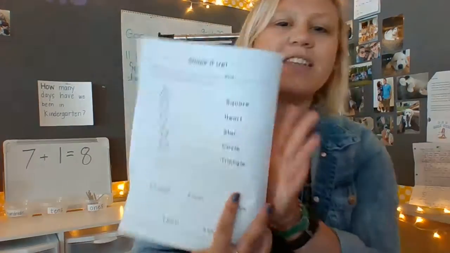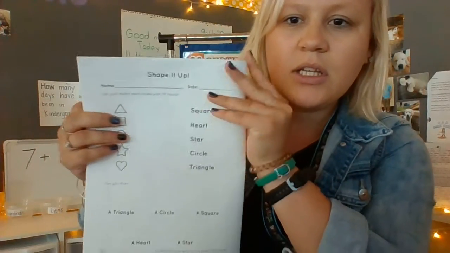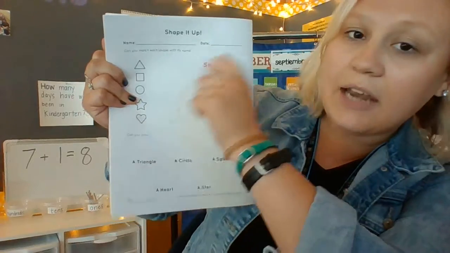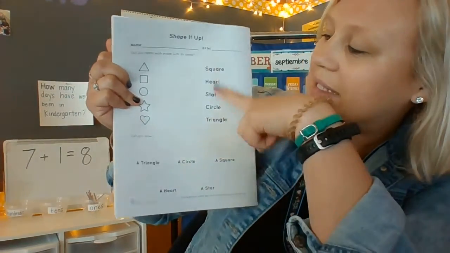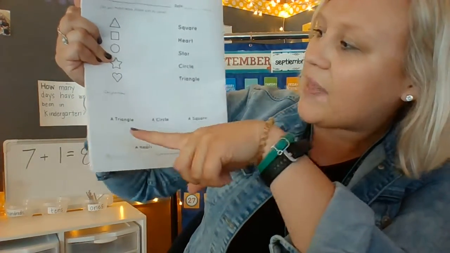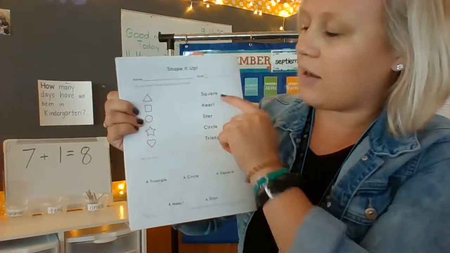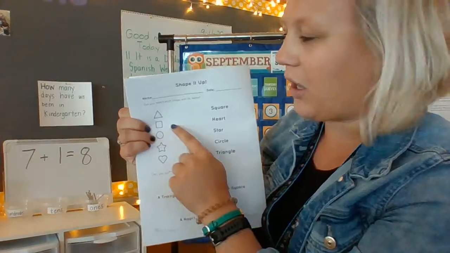So we are starting with this Shape It Up page. So what we need to do on the top is draw a line from the shape over here to its name over here. And then they want you on the bottom to draw those shapes. So let's go over together what these shapes are called.